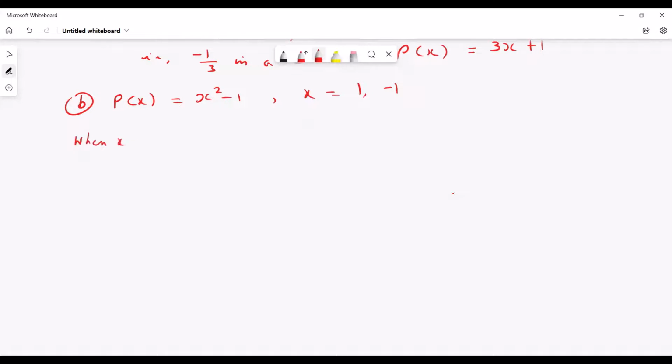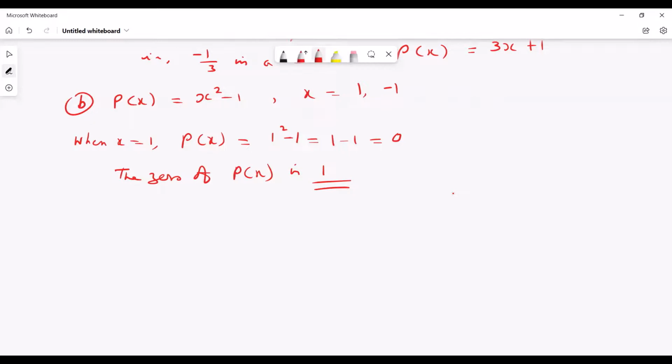Then x equal to 1, p of x equals 1 square minus 1. That is 1 minus 1 equal to 0. So we can say 1 is a zero of p of x.